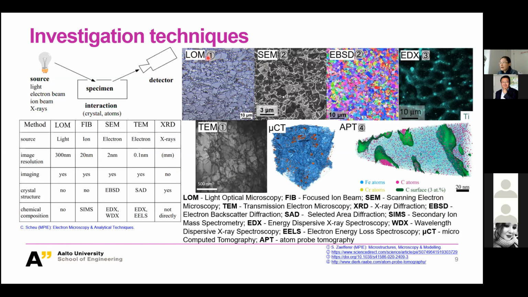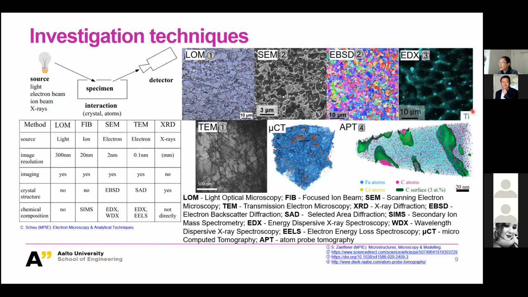For example, for LOM and SEM, you will see the basic information about phases and grains. And for EBSD, you will do a detailed analysis of your grain orientation, size and shape. We will explain it in detail later. And for EDX, you can see your chemical composition distribution.